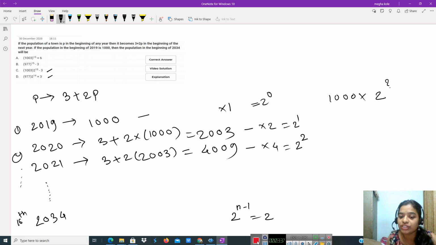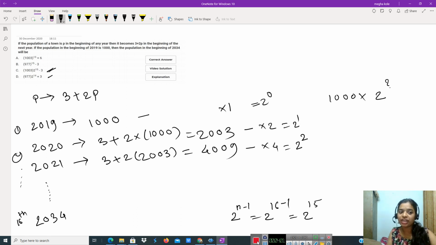That will be 2 raised to the power 16 minus 1, so this will be 2 raised to the power 15. You can check in option C, the population is growing in multiples of near about 1000 into 2 raised to the power 15. So most probably the answer will be this.